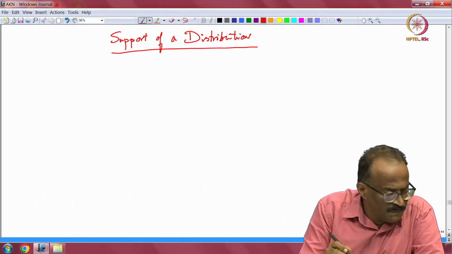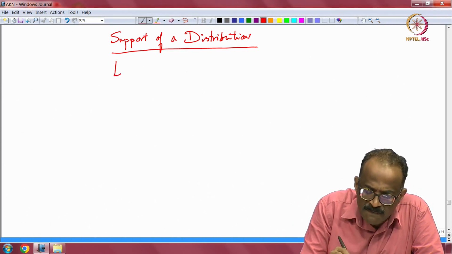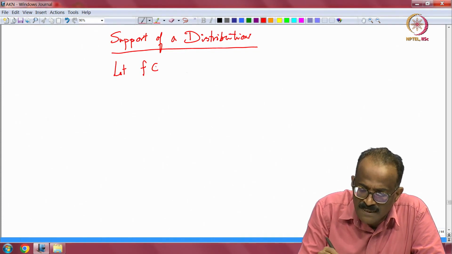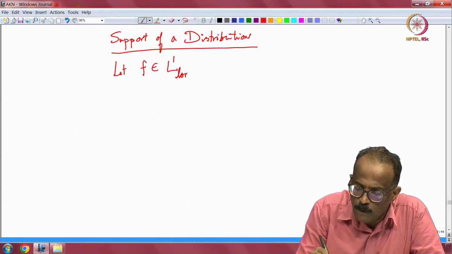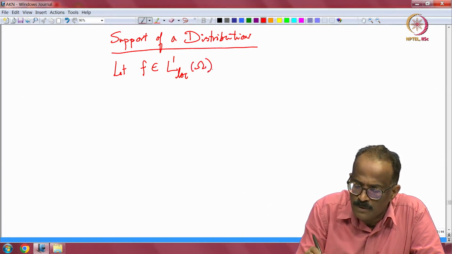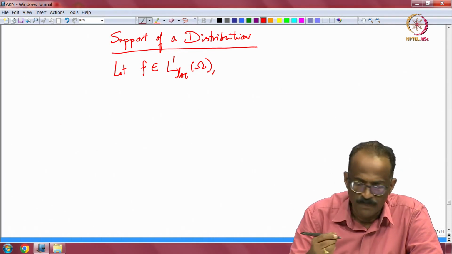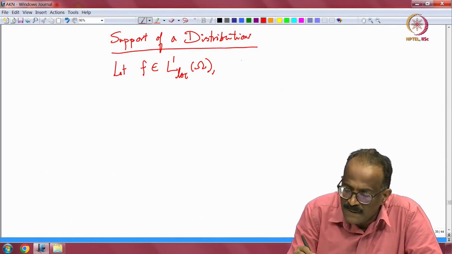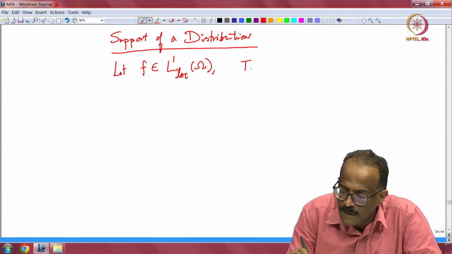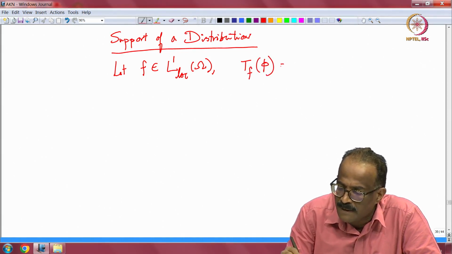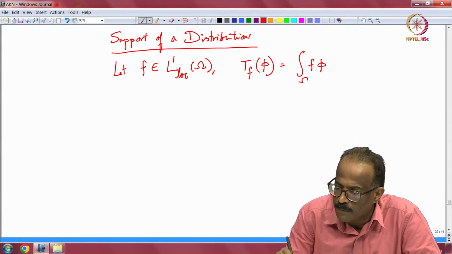So, let us start with motivation. Let f be in L^1_loc(Ω). As usual, Ω is an open set which we are repeatedly using. Then what is T_f(φ)? T_f(φ), the distribution given by f, is equal to the integral of fφ over Ω.